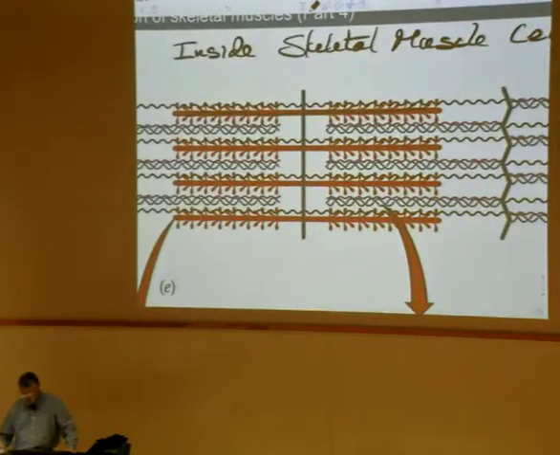So that's the basis for movement. If we looked at this particular diagram, if all these myosin heads are binding and moving like so, then these actins are pulled toward the center. Make sense?